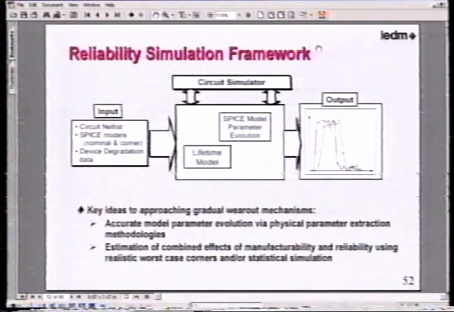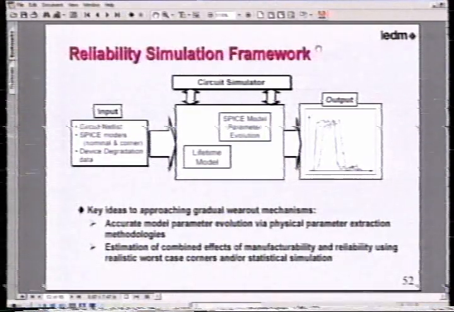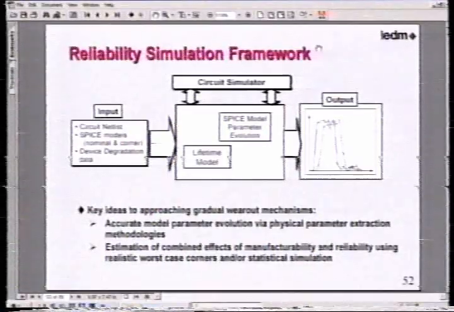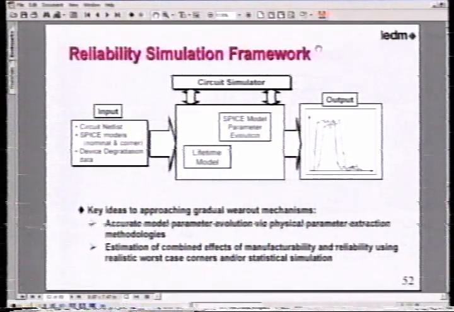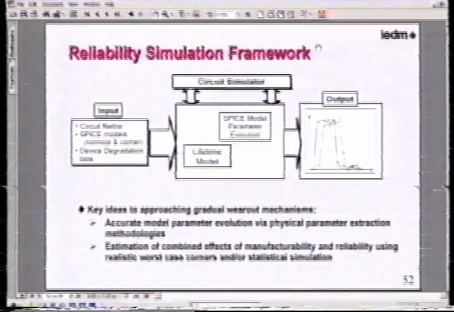This is the case where we look at the degradation due to reliability of the SPICE model itself. Now you can go back to the techniques that you have used for your parametric design for manufacturability or designing for yield, and do the same kind of thing for design for reliability. Essentially what you have done is put together not only a SPICE model that has variation associated with it due to wafer, die, etc. You're looking at the degradation of that variation over time so that you can model how your circuit is going to behave. So that's a key component.